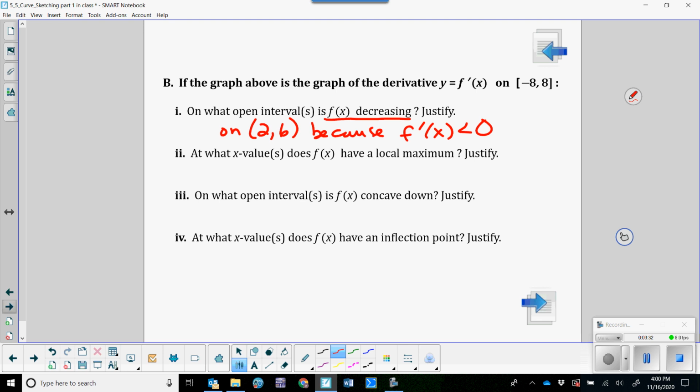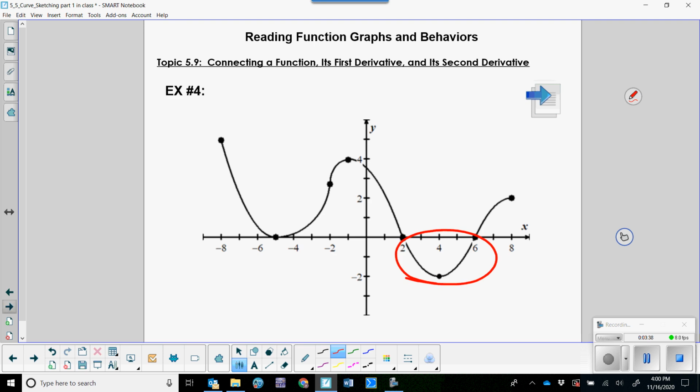At what values does f of x have a local maximum? Again, this graph that we're looking at is the derivative. You're going to have a maximum if the derivative changes from positive to negative. Right here you have positive, and then it changes to negative, which means that this point must be a local maximum, because f prime changes from positive to negative only at that place.